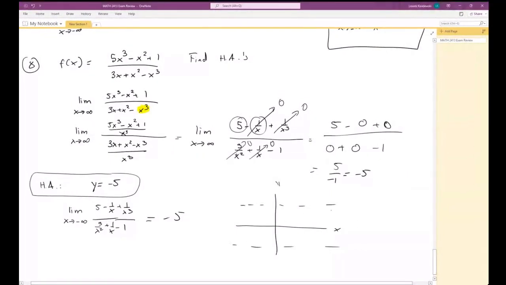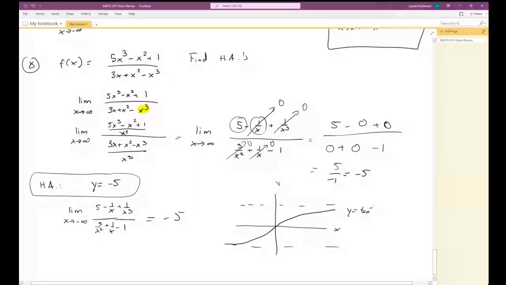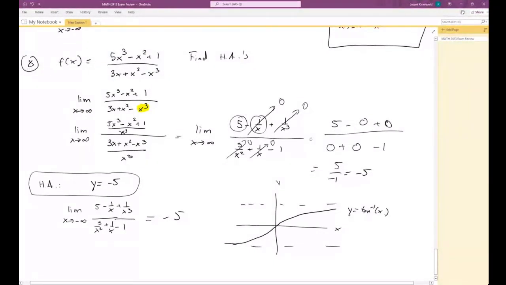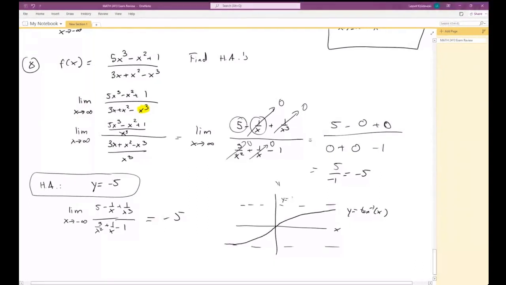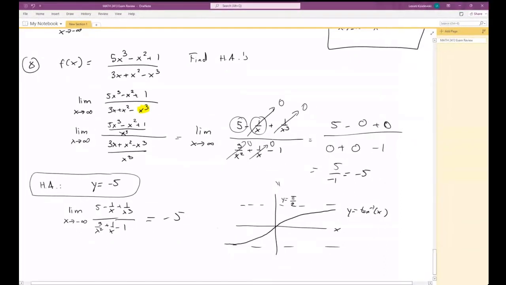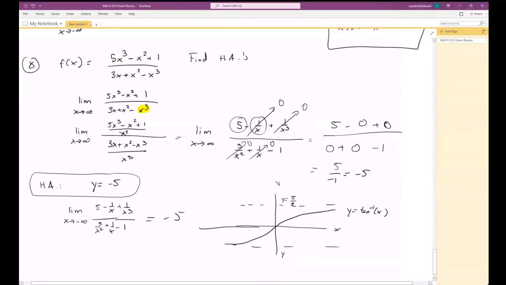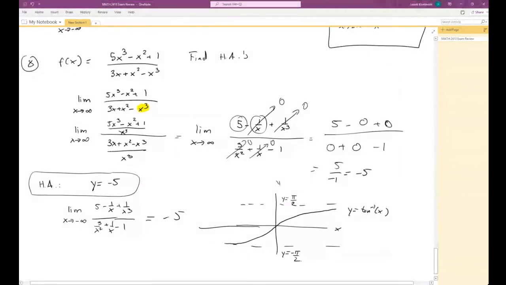It looks something like that. So as x goes to infinity, arctangent approaches a horizontal line, namely y equals pi over 2. And as x goes to negative infinity, arctangent of x approaches the line y equals negative pi over 2.